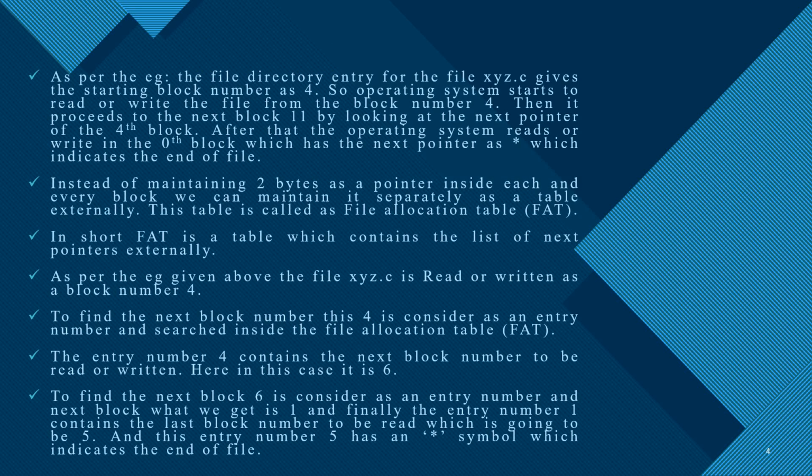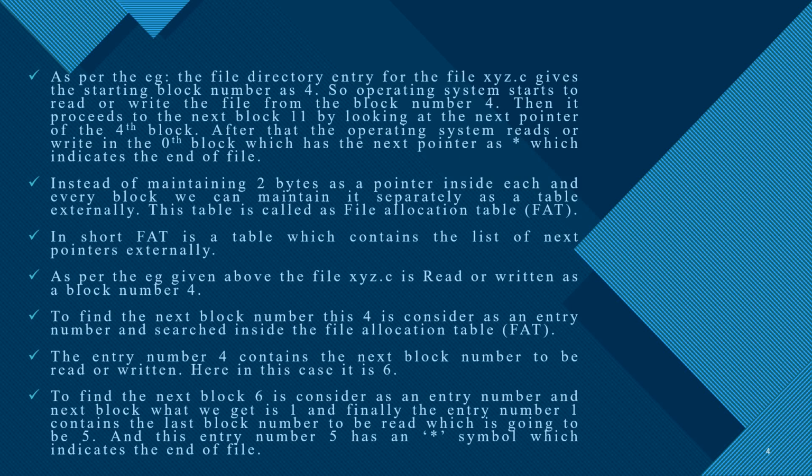Here, instead of maintaining the 2 bytes as a pointer inside each and every block, we can maintain them separately as a table. This table is called the file allocation table, which contains the list of next pointers externally. As per our example, the file xyz is read or written starting at block number 4.